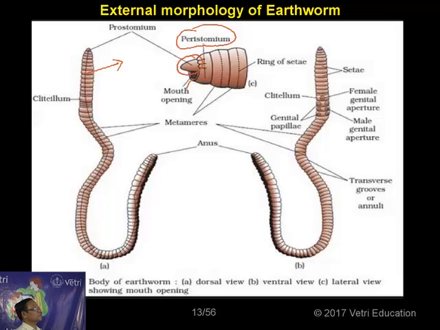Now we have setae in the body, which are the organs of locomotion, found all over the body surface in the form of a ring. Segments 14, 15 and 16 have the clitellum. The female genital aperture is found in the 14th segment, and the male genital aperture is found in the 18th segment.